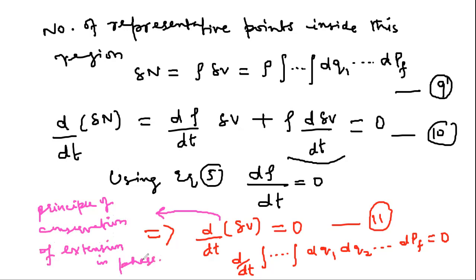That means if you select some volume in the phase space and follow it in time, its volume will stay constant in time. Its shape may get distorted with time, but the volume will not change.